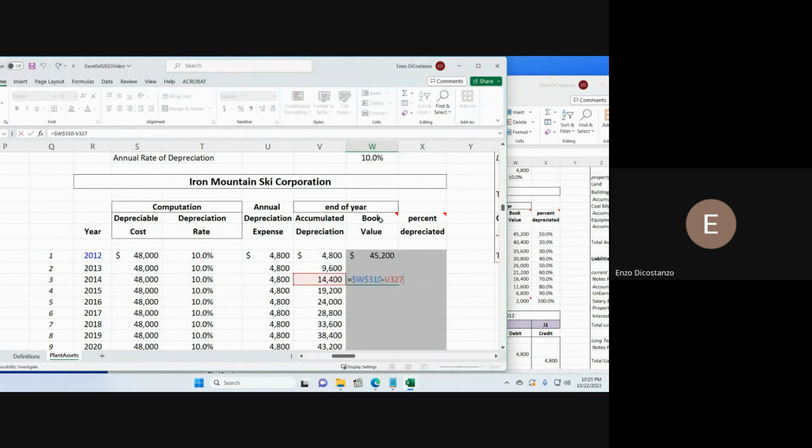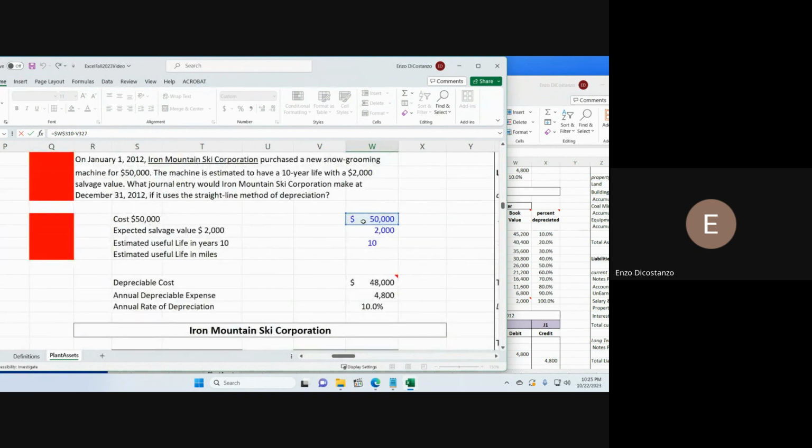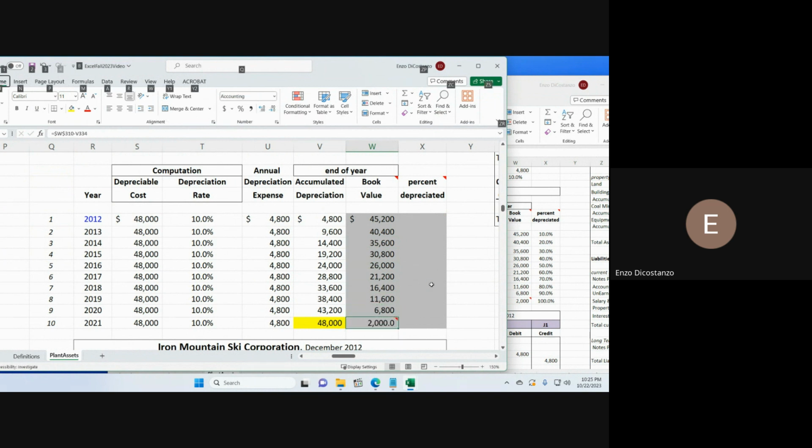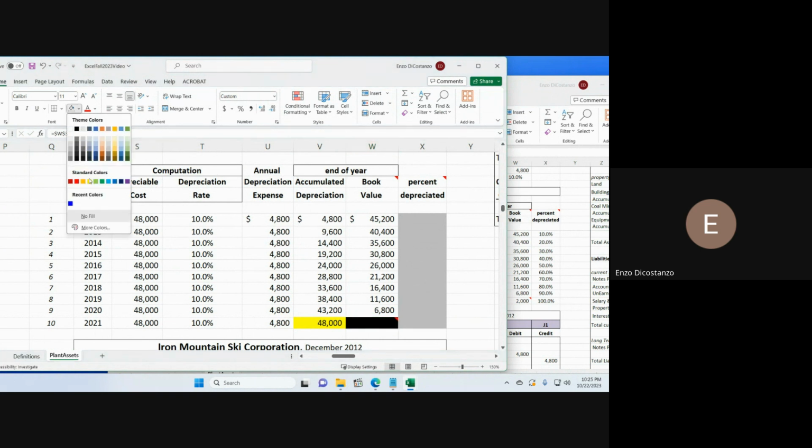I mean, there's a couple ways you could do it, but we're taking that initial book value, which is the 50,000, and then subtract out the accumulated every year until you get all the way to the bottom. That's the salvage that we're looking for.